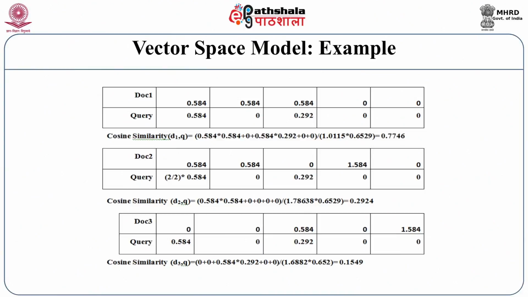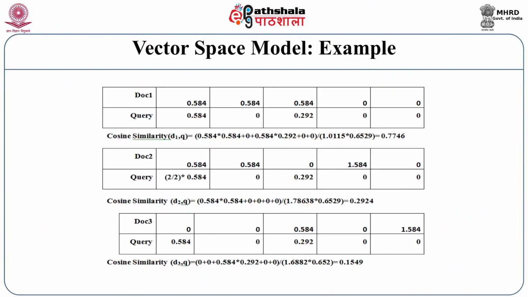For the third term there is also no match, and for the rest there is no match. So the cosine similarity value is the multiplication of the first terms of document D2 and the query, that is 0.584 into 0.584, divided by the length of document D2 and the query, that is 1.78638 into 0.6529, and it gives a cosine similarity value of 0.2924. The same is applicable for document D3.